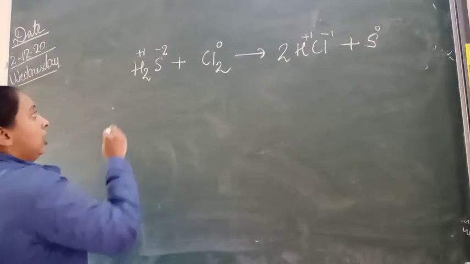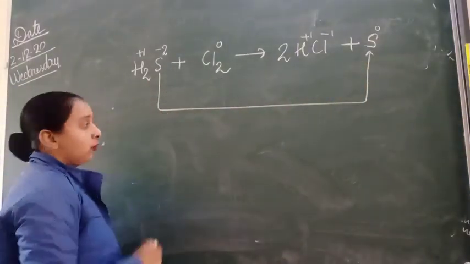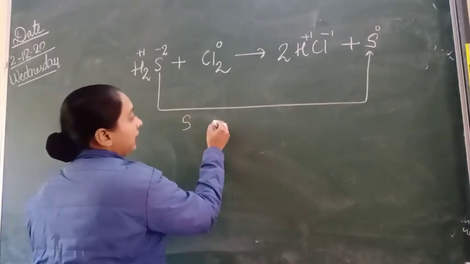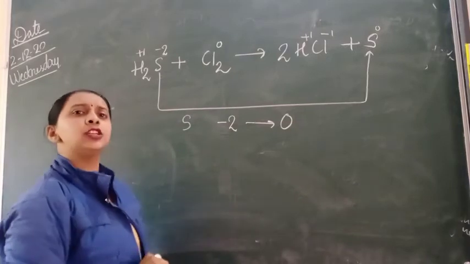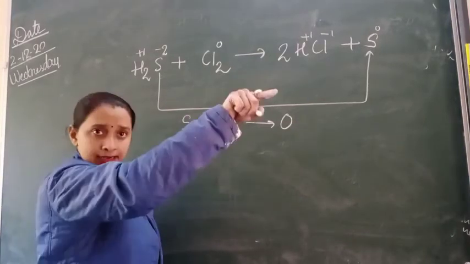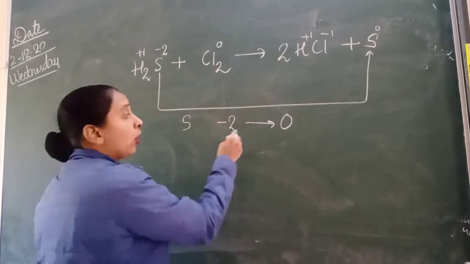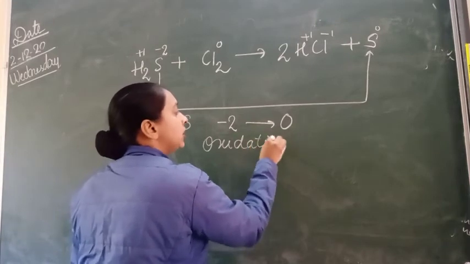Now just see, for sulfur there is a change in the oxidation number, ना. What is the change? For sulfur it has changed from -2 to 0. Then -2 से 0 कहाँ जा रहा है? We are moving from left to right. So what it is undergoing? It is undergoing oxidation. Why oxidation?